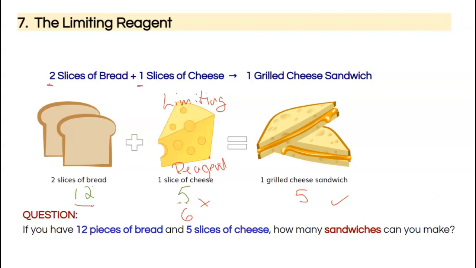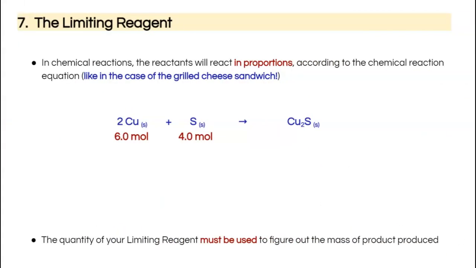Okay, and so let's extend that now to talk about a chemical reaction. When I look at a chemical reaction, it's really not too different from that grilled cheese sandwich, because I've written it out as a reaction equation, and we know that the coefficients in the balanced chemical equation can be interpreted to mean moles.